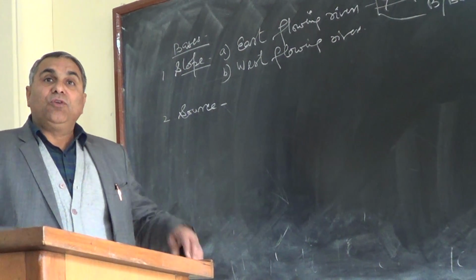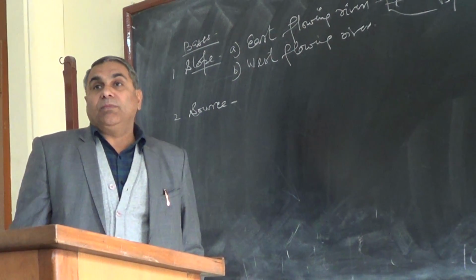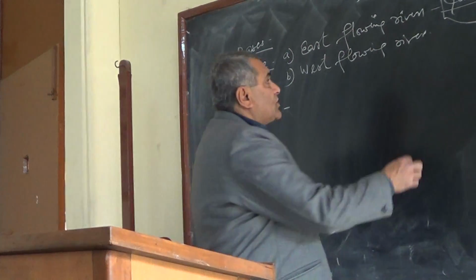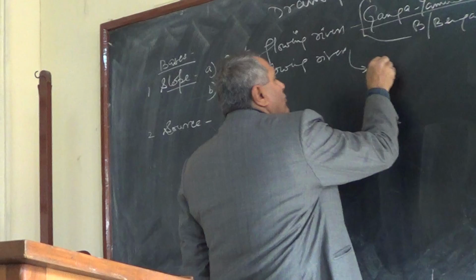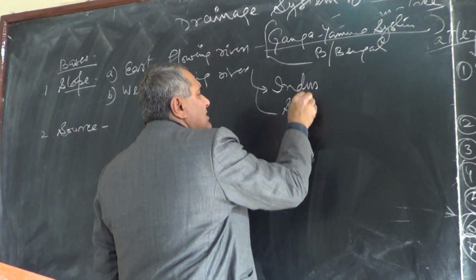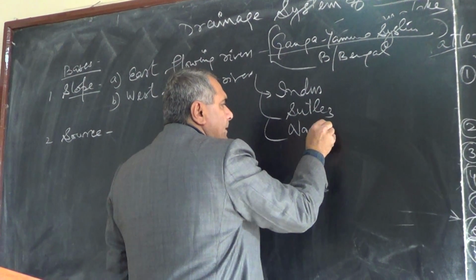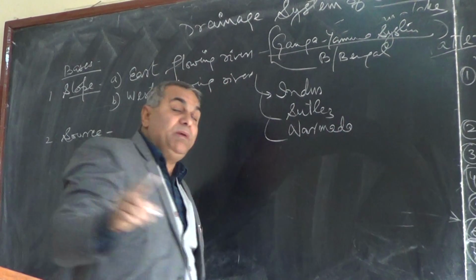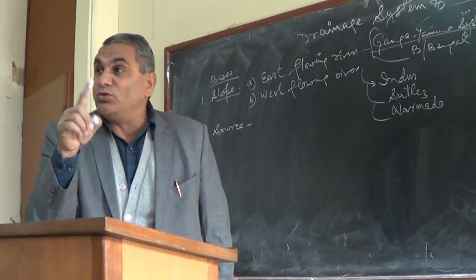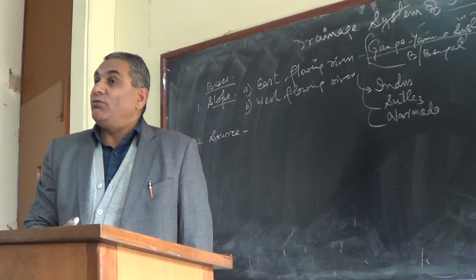And the west flowing rivers: on the west side of India we have the Arabian Sea, and on the east side we have the Bay of Bengal. The west side includes the Indus river system, the Satluj river system, or the Narmada river system. The main slope of the peninsular plateau is tilted towards the southeast, but Narmada flows in the west direction.